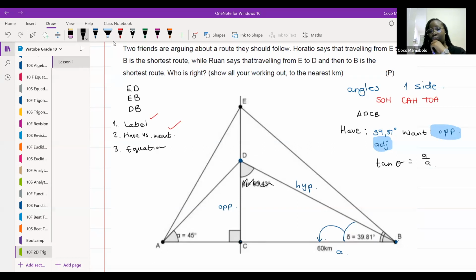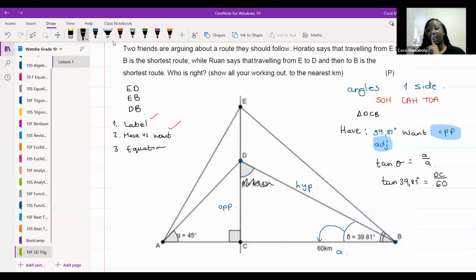So we have tan 39 equals opposite over 60. Good. Okay. That tan 39,81 degrees is equal to opposite, which is DC, over 60. All right. Okay.